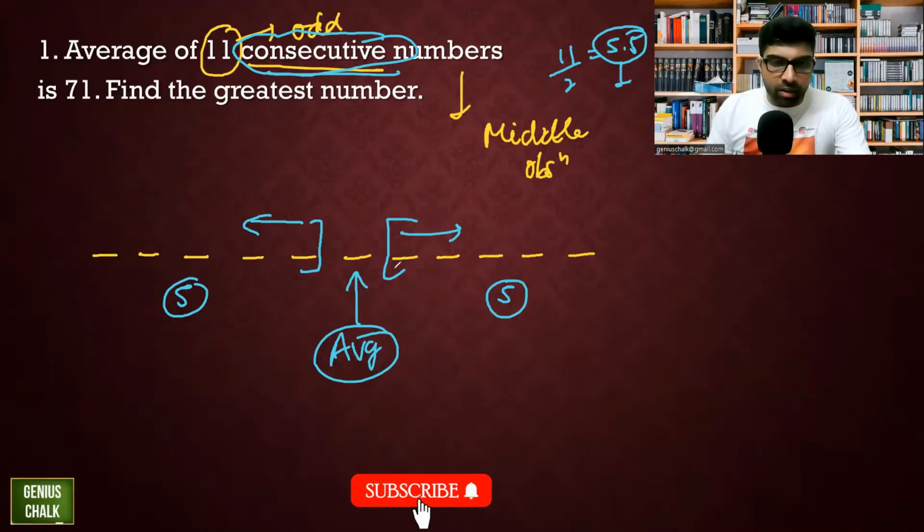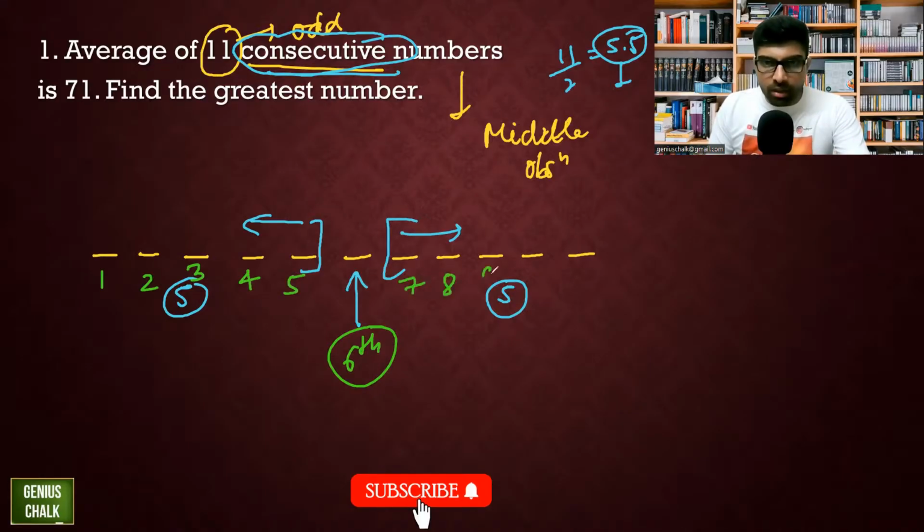Now, what I can write here, see, if I'm saying that the value which is the 6th observation, can you say that this is the average and this is going to be the 6th observation? Why so? Because this is the 1st observation, 2nd, 3rd, 4th, 5th, 6th, then 7th, 8th, 9th, 10th, then 11th. Now we can write it.